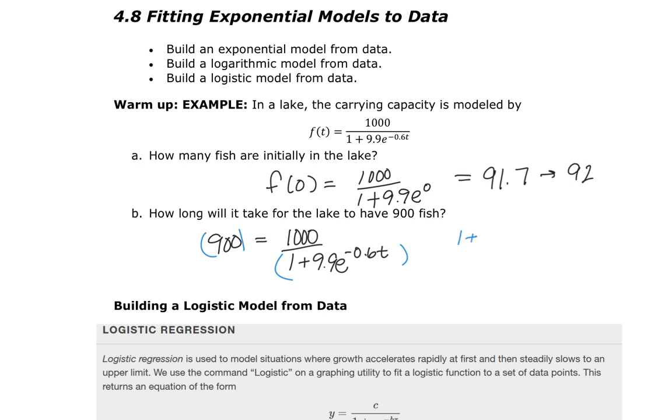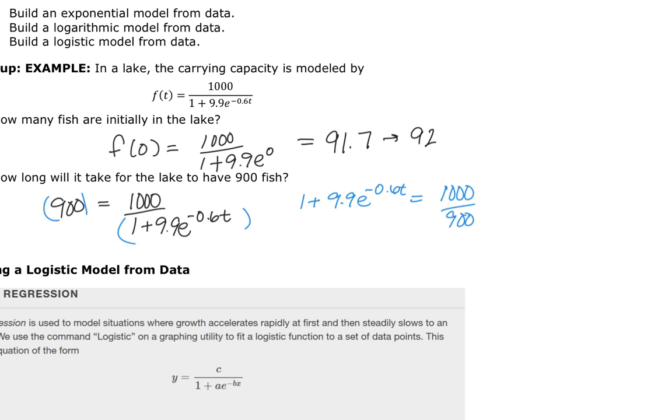So I'm going to end up with 1 plus 9.9 e to the negative 0.6 t is equal to 1000 divided by 900. Now this is 10 over 9, so in other words 1 and 1/9. I'm going to subtract this 1 from both sides, and so I'm going to end up with just 1/9, because if I have 1 and 1/9 and I subtract off 1, I'm going to just have 1/9 remaining.